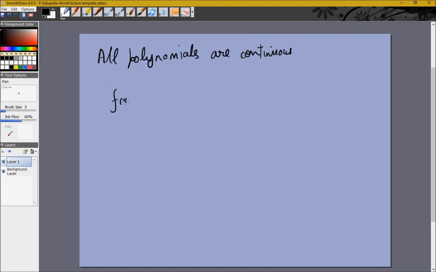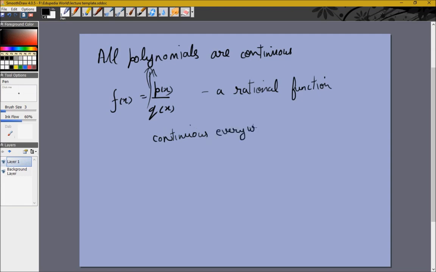Now if f(x) is equal to p(x) by q(x), where p and q are polynomials, then f(x) is called a rational function. And these are continuous everywhere because polynomials p(x) and q(x) are continuous everywhere except where, you guessed it, q(x) is equal to 0.